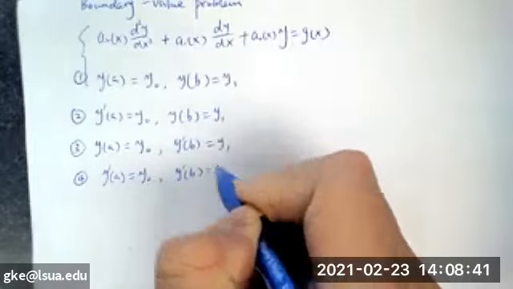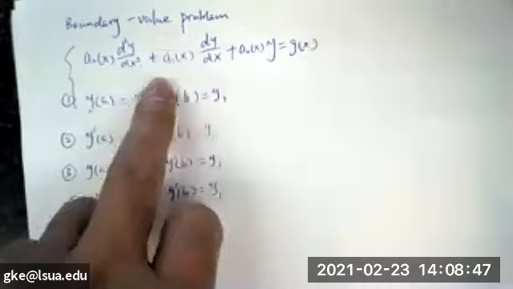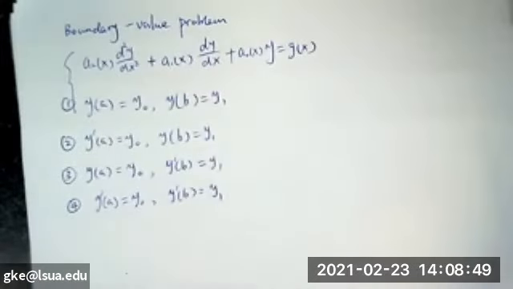Okay, we have 4 scenarios. We have 4 scenarios for the boundary condition. Given the second order differential equation, we usually have 2 boundary conditions.